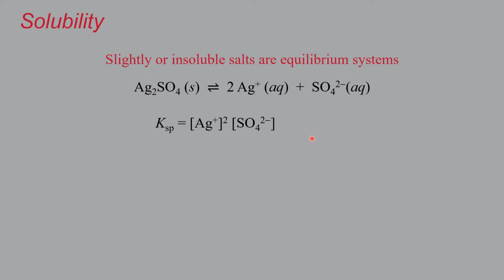In case you're wondering, the subscript SP stands for solubility product, but again, it's just another equilibrium constant. In this case, it happens to be equal to 1 times 10 to the negative fifth. This is significantly smaller than 1, so this is a highly reactant-favored equilibrium, which means not a whole lot of silver and sulfate actually dissociates and gets into solution.